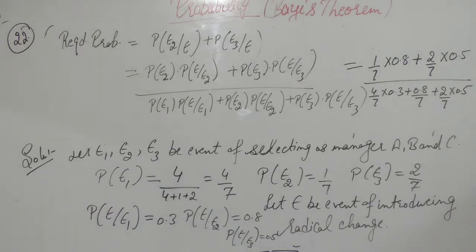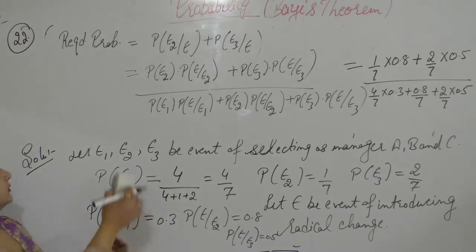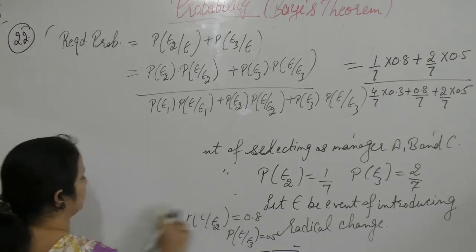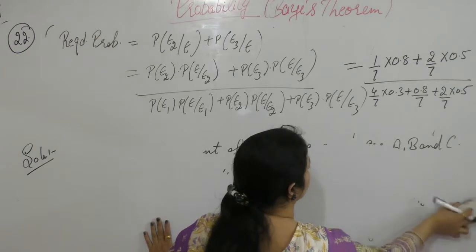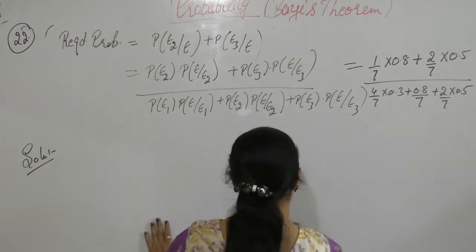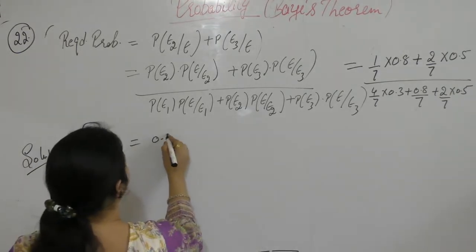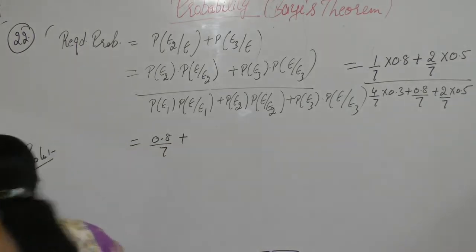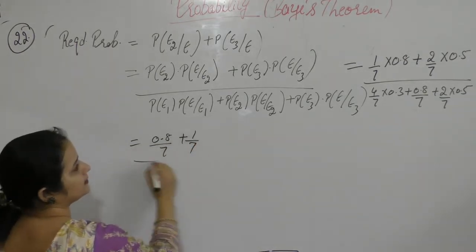Now solve these values. 0.8 by 7, 2 into 0.5, 1 by 7.